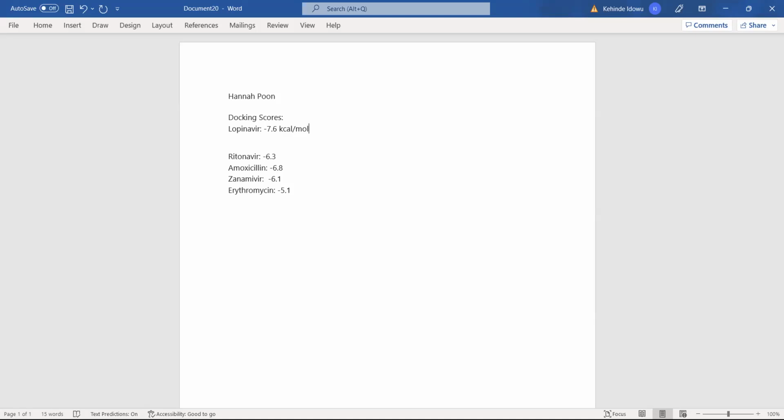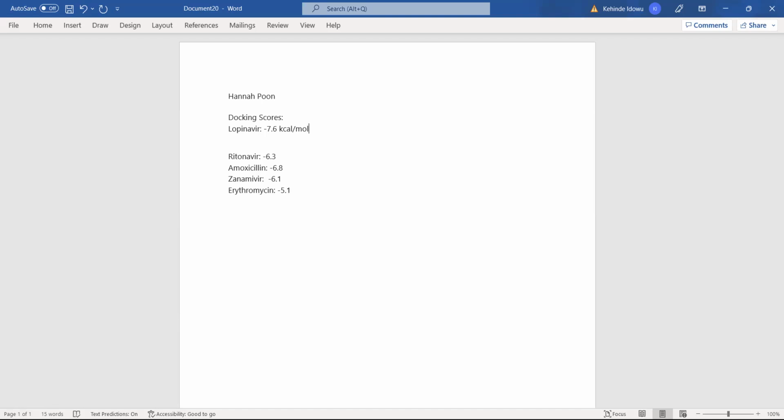So from this, I asked Jennifer. Jennifer said, if I'm the one designing this drug, I do not think any of the 4 drugs qualify to be considered, because none of them has a docking score close to lopinavir or higher than lopinavir, right?